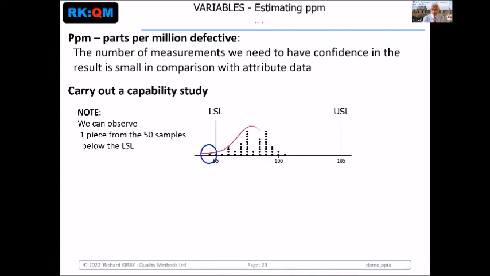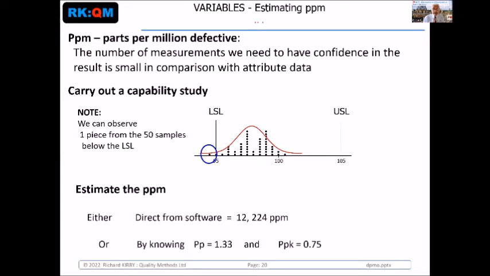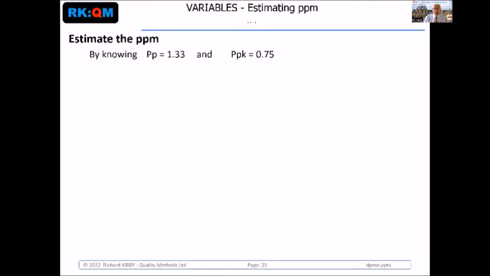The software uses a fitted distribution curve to predict the ppm defective for us. Here, it's 12,224, different from the 20,000. Or, by knowing the Pp and the Ppk, we can use tables.